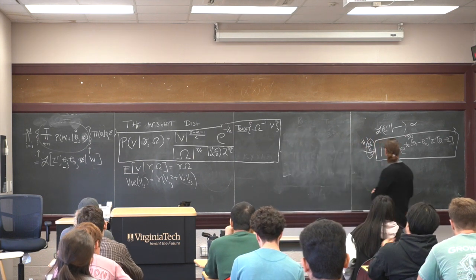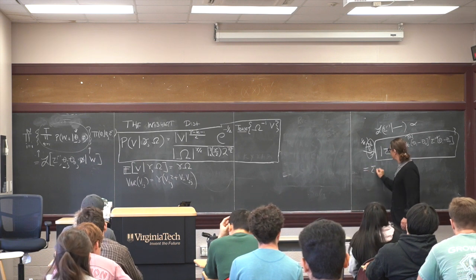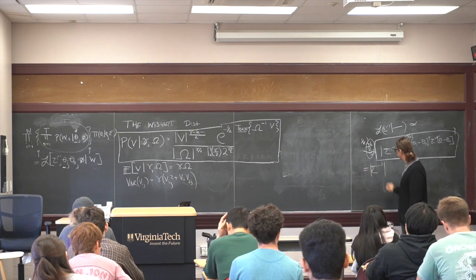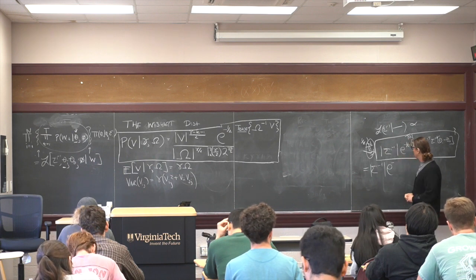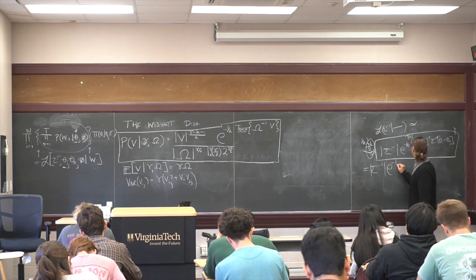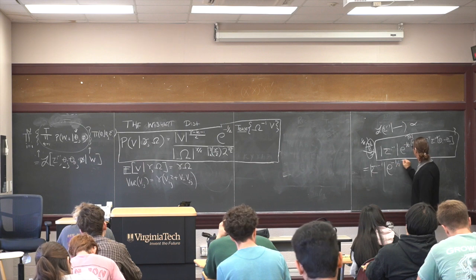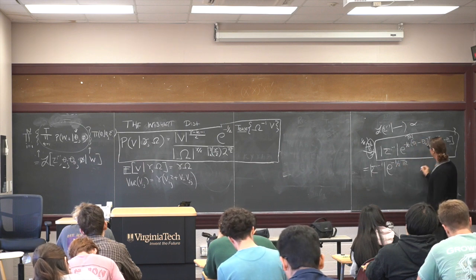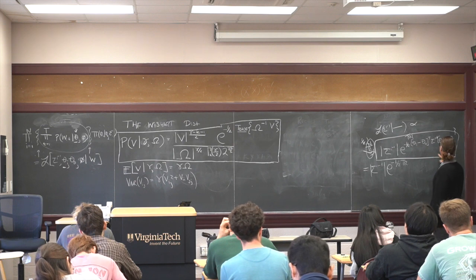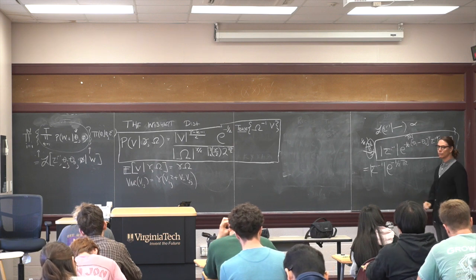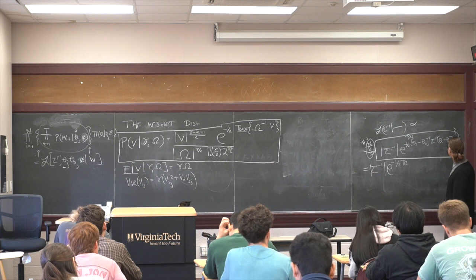So I can spin this thing around. This is sigma inverse, absolute value, e to the minus 1/2 trace. And I can spin this thing around right here, bring that one over here, and then bring that over here again. So two steps of this.